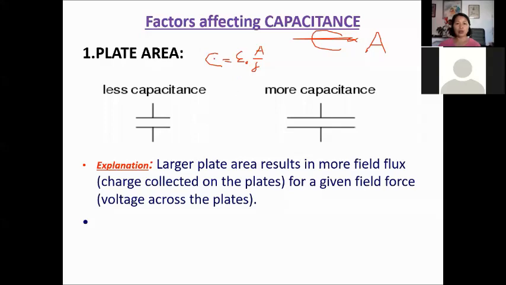While if A is small, C, the capacitance, is also small. So that is how the plate area affects the capacitance of a capacitor.